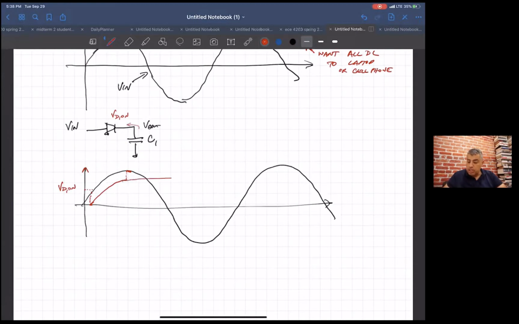So all the charge gets left on the capacitor. So this guy ends up being V peak. This guy ends up being V peak minus VD on, and it's a DC value. Past this point, all the way out here, it's a DC value.